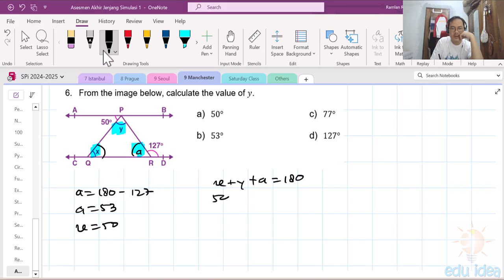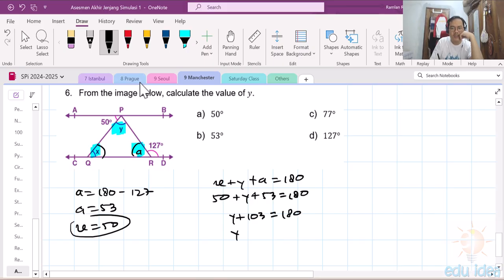We know that x is 50 and A is 53, so y plus 50 plus 53 equals 180. Adding these gives 103, so y equals 180 minus 103, which is 77 degrees.